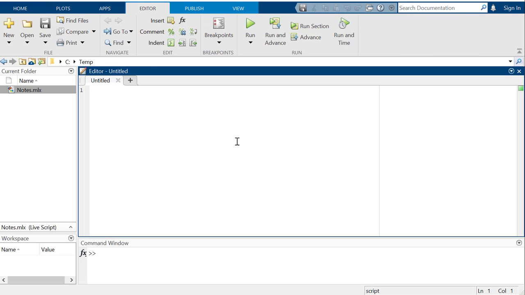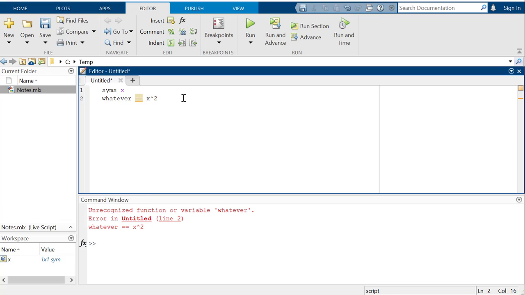So basically the difference is, let me just show you right quick. If I'm just in a regular script and I say x, and then I say whatever is equal to x squared, and I run that in the command window, it's going to yell at me. Oh, because of that. There we go. So I've got whatever is equal to x squared.